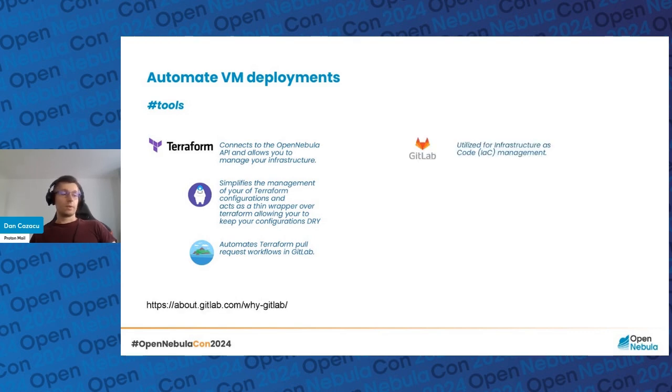GitLab, of course, one of the next great tools that we use. It allowed us to use ACLs for our repositories and our plans, and it allowed developers to use a self-service platform.